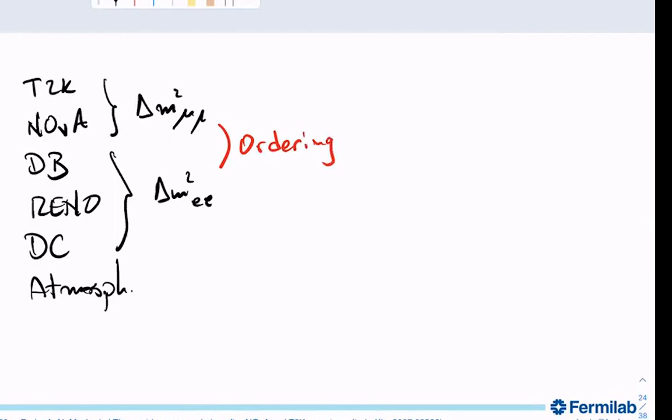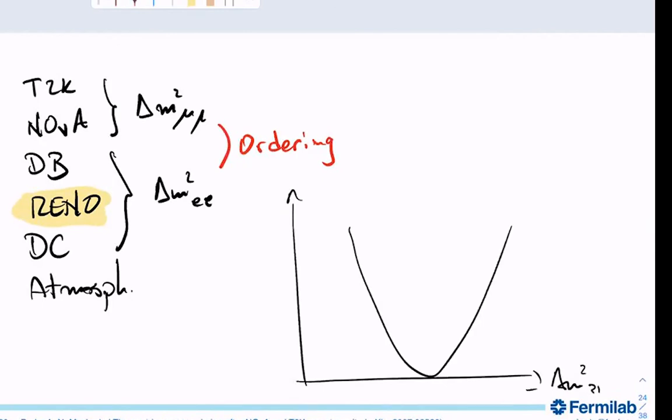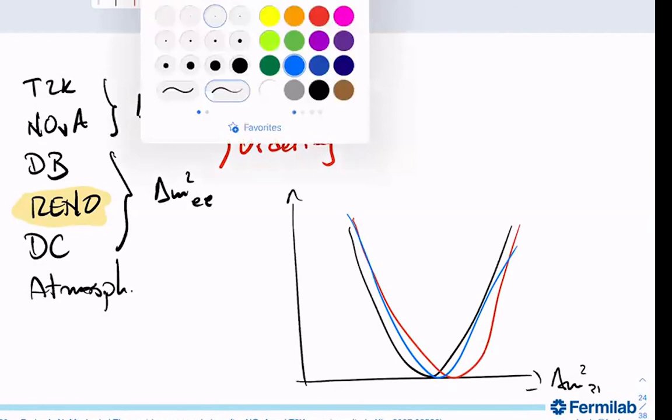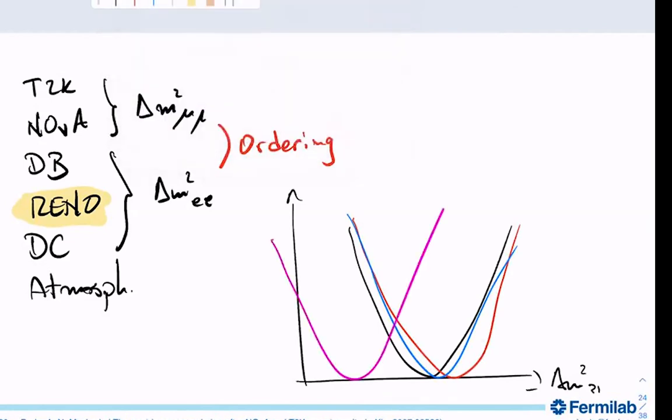What happens in the current global fit is that the Reno experiment basically drives the entire global fit towards normal ordering. This is going to be very schematic, but if you look at delta m square 3,1 with a minus sign, you would have, let's say, T2K, NOVA, Daya Bay, and then Reno, very far away from these guys.